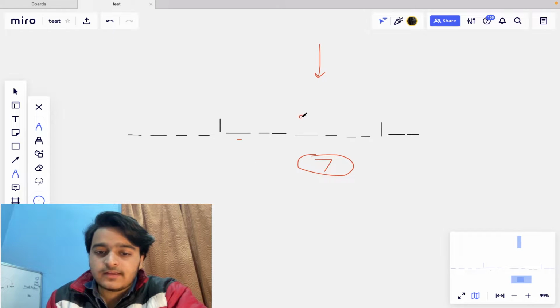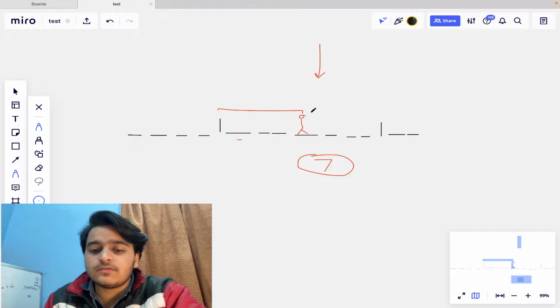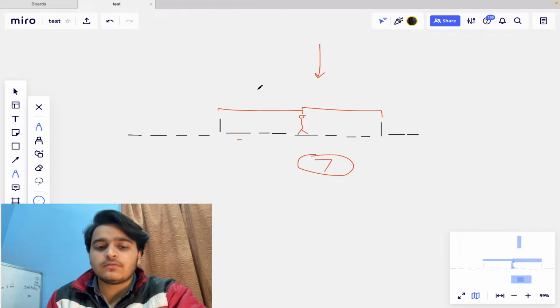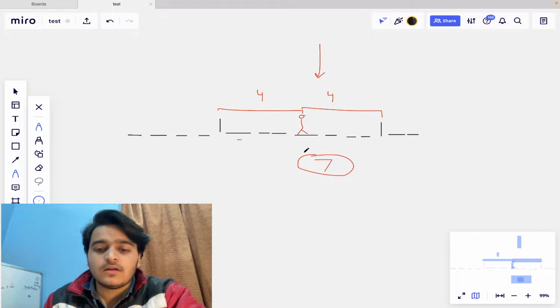If Alex sits here, who is the closest person? These both are equally separated, so the answer to this problem is just 4, because the closest person is 4 away.